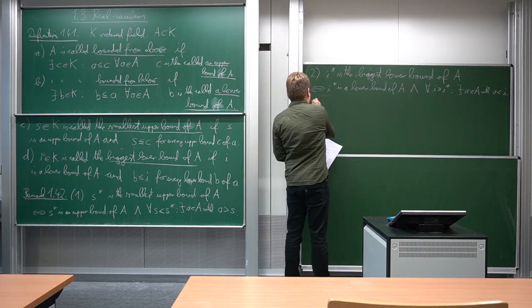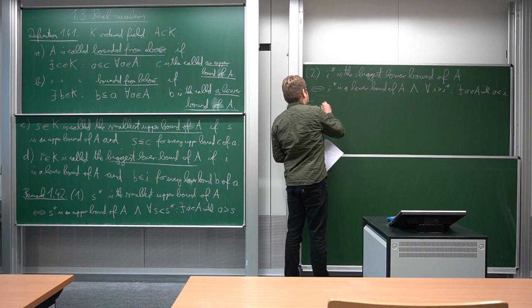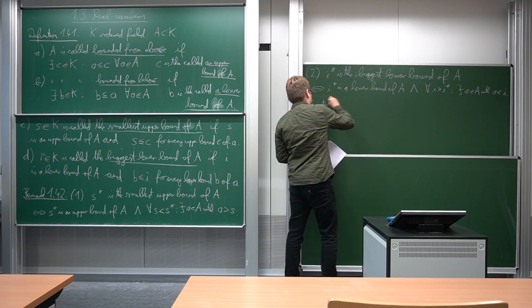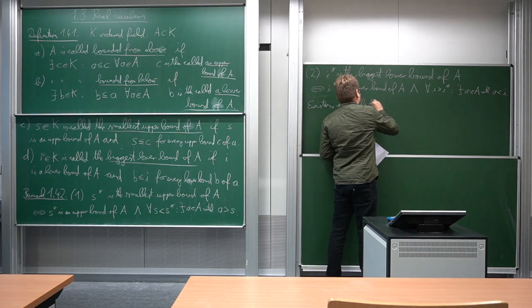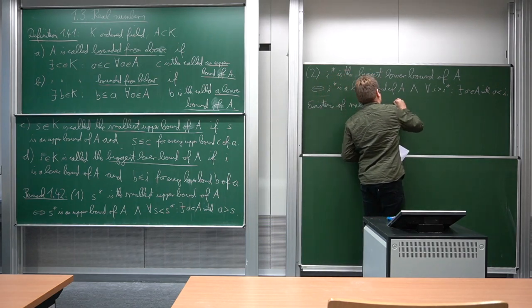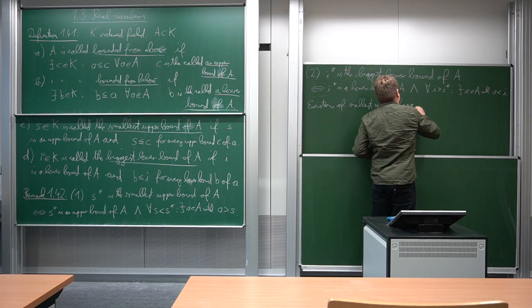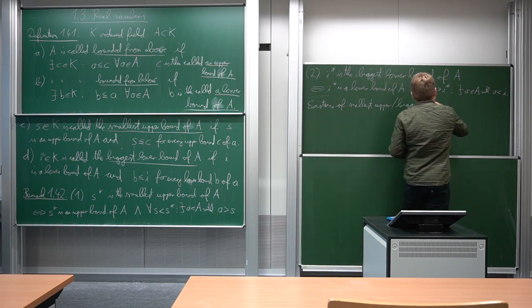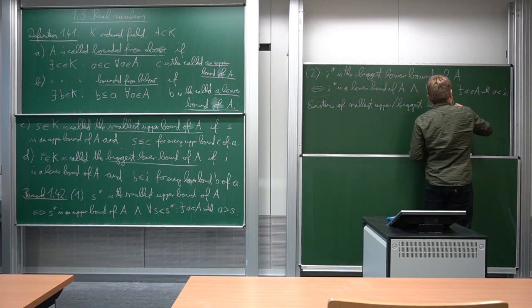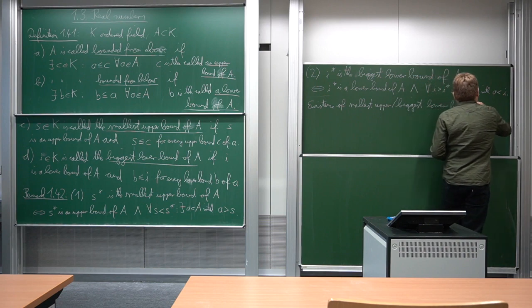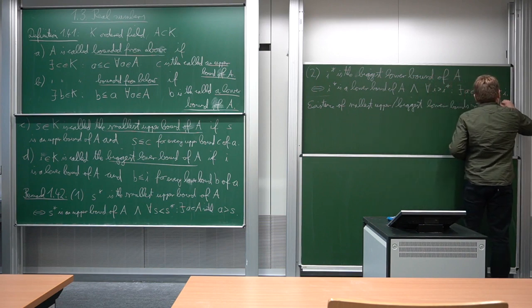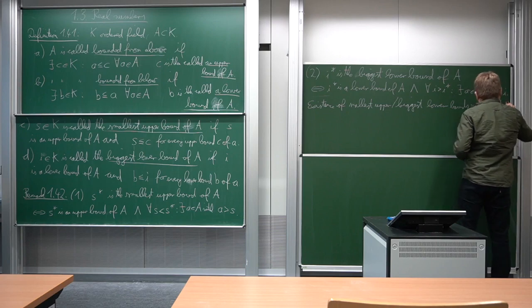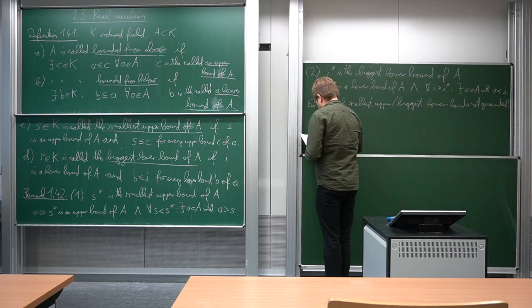Then, as I said, the existence of smallest upper bounds or biggest lower bounds is not guaranteed. There is a simple example.